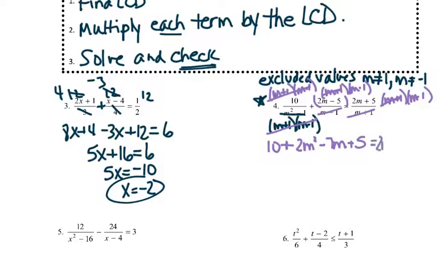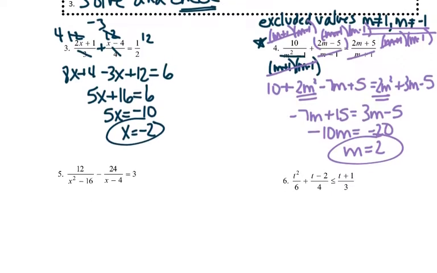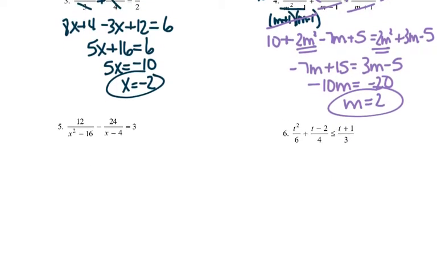So this is going to be 2M squared plus 3M minus 5. Thankfully, the 2M squareds cancel, so I'm thinking it's negative 7M plus 15 over here, and then 3M minus 5 over here, so negative 10M is negative 20, M is 2. And I'm good. It didn't turn out to be one of my excluded values, so I'm fine. If it had, then those wouldn't be counted in the official answer.